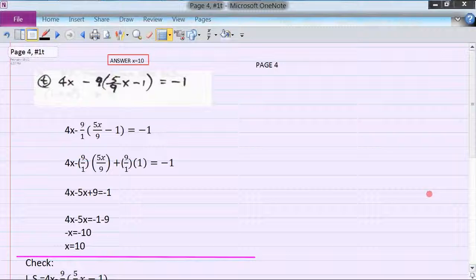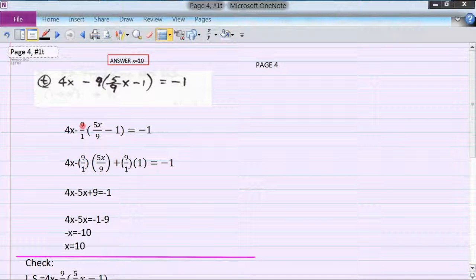Now, number 1t on page 4. We take this equation. I've rewritten it here. The only thing that I've done is put the 9. 9 means 9 over 1. I'm going to use the distributive rule after this. 4x is 4x. Now I'm going to multiply 9 over 1 times 5x over 9, which is this term right here.